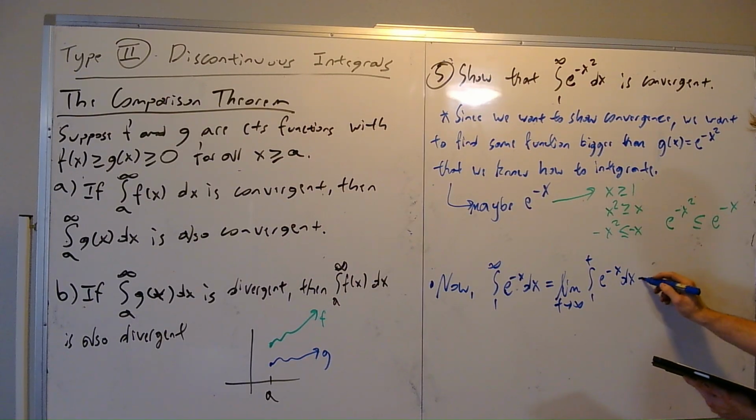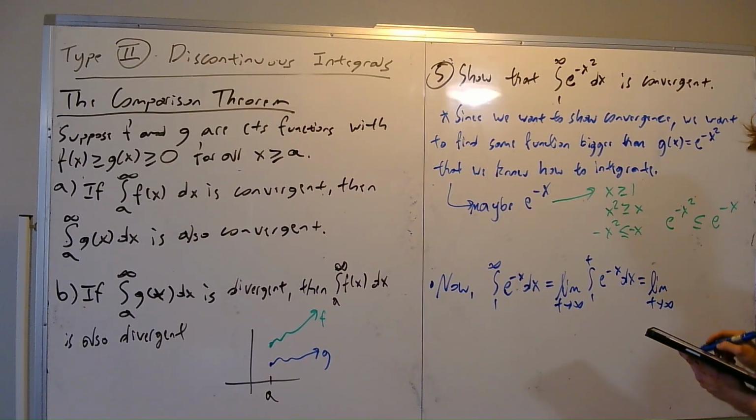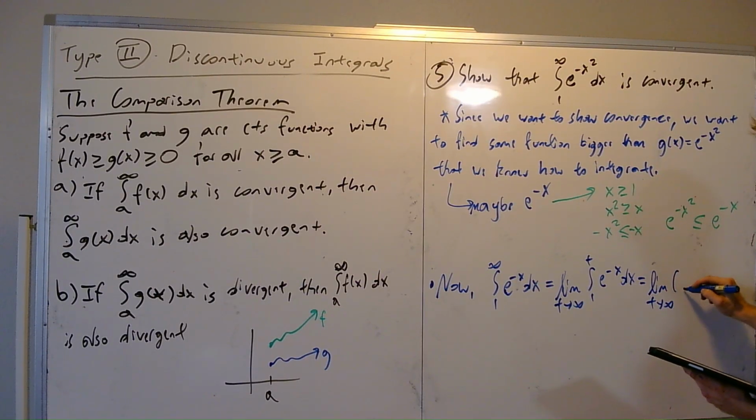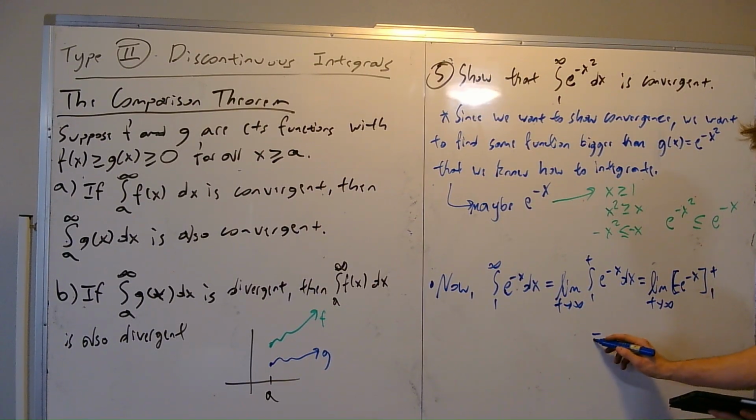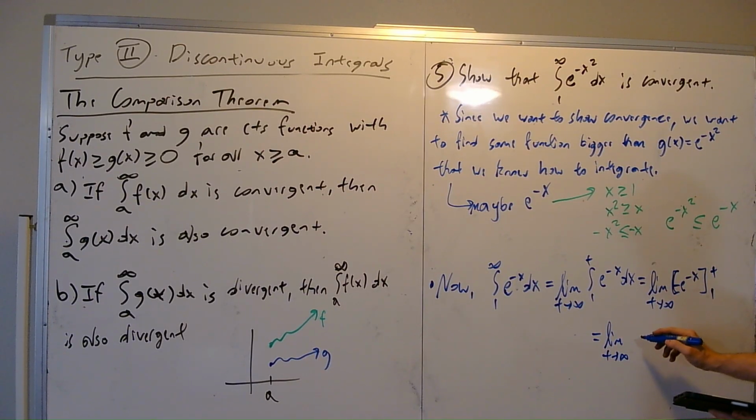And if you do that, this is going to be the limit as t goes to infinity of negative e to the negative x evaluated from 1 to t. And if you plug in both 1 and t there, then you're going to get the limit as t goes to infinity of negative e to the negative t plus e to the negative 1.